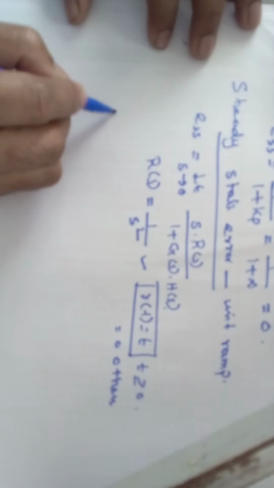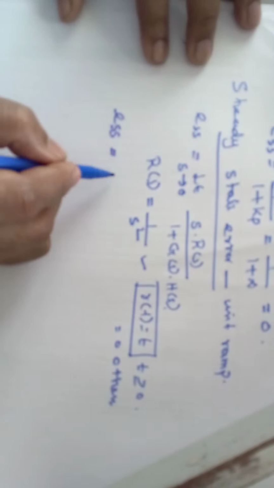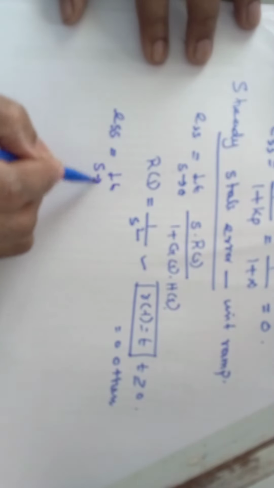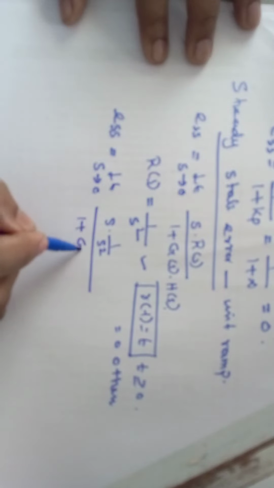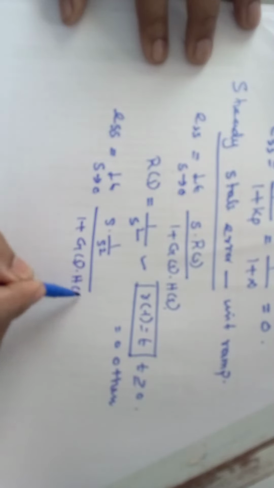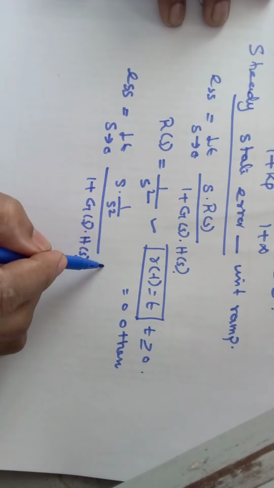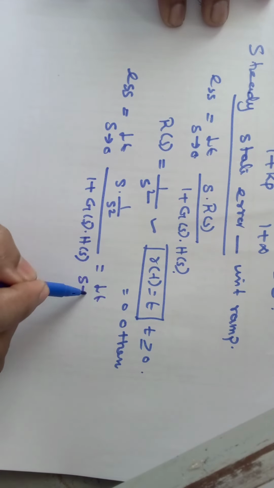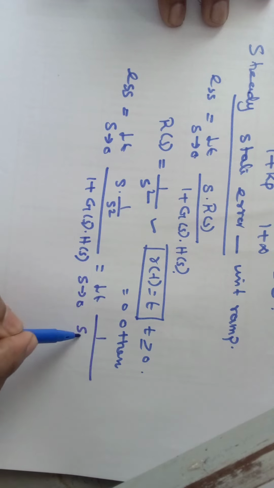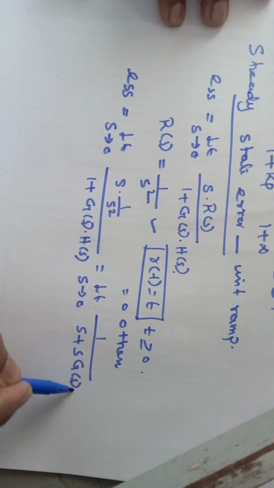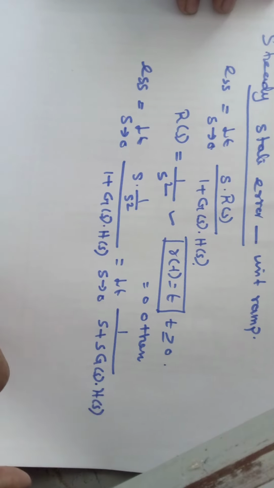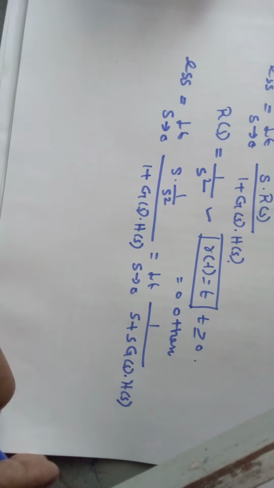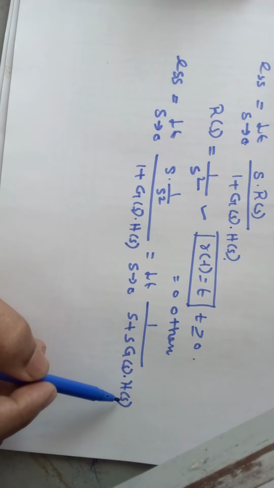Once you substitute this value here, you get ESS equal to limit s tends to 0 of s into 1 by s square divided by 1 + G(s) H(s). Or we can write this as limit s tends to 0 of 1 by (s + s G(s) H(s)), since we can cancel out an s.